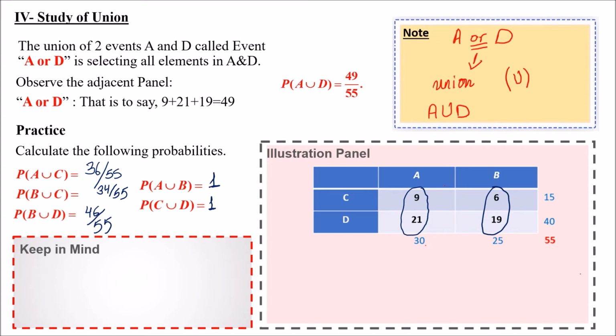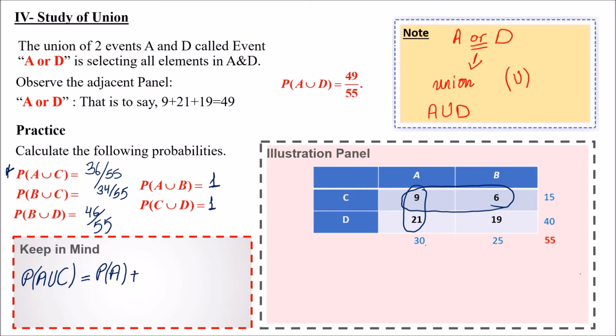I will go back to this example, which is the probability of A union C. We have the event A and this is the event C. So the probability of A union C, this is one of the properties of probabilities, is equal to the probability of A plus probability of C minus the probability of A intersection C, which is equal.